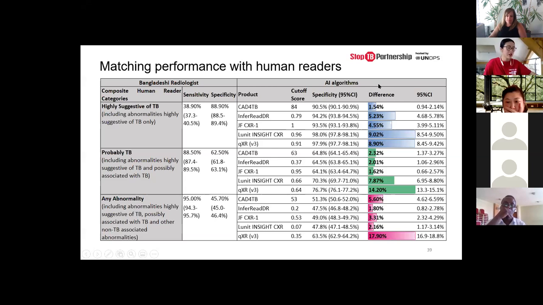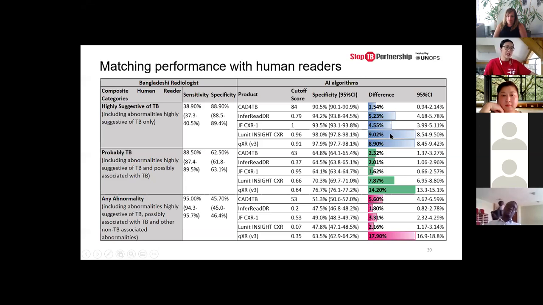And another interesting thing I want to show you from this table is, once we have a matching sensitivity, we want to see if the machine AI algorithms are outperforming radiologists by comparing the corresponding specificity. And this column shows the increase of specificity of each algorithm compared to the specificity of the Bangladeshi radiologists.